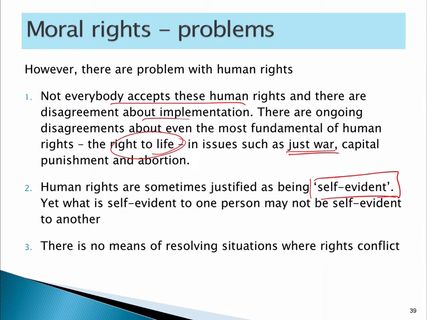Finally, a third key problem, shared by a lot of the other theories we have in terms of deontology, is that there's no way to determine what to do when certain rights conflict. Okay, so what do we do when we have a difference about the right to work? For instance, maybe we're in an economy that's very depressed, and the only way to get the people who want to work back to work is to lower wages, maybe even to a very, very low wage.